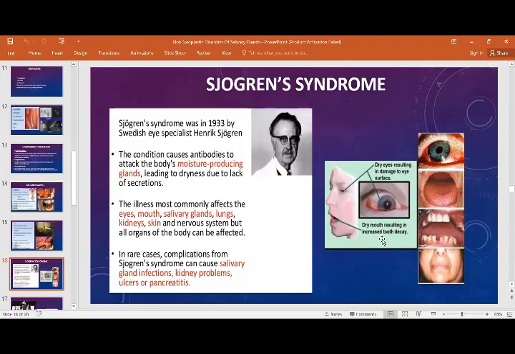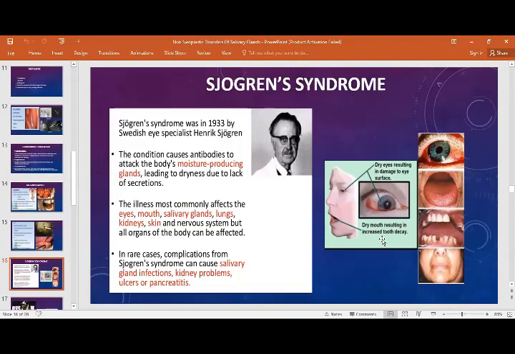Much work has been done on this syndrome, but it was basically described by Henrik Sjogren, a Swedish eye specialist.